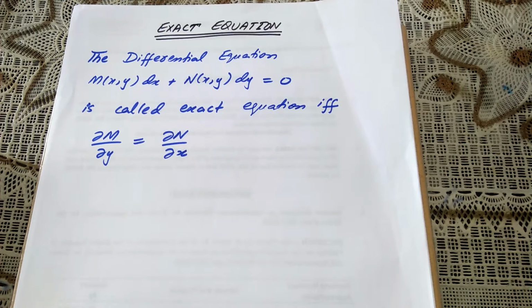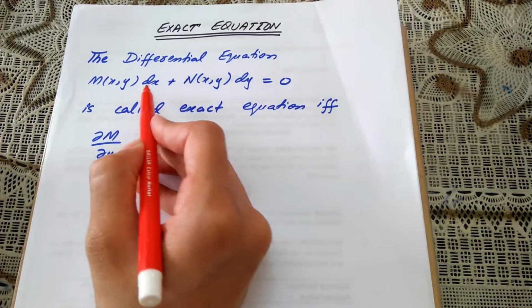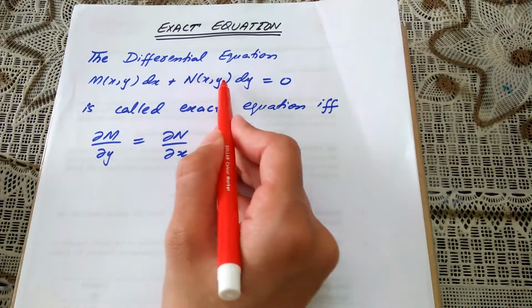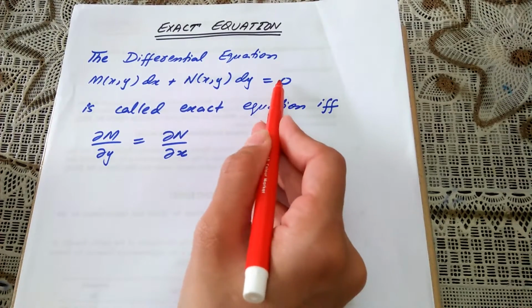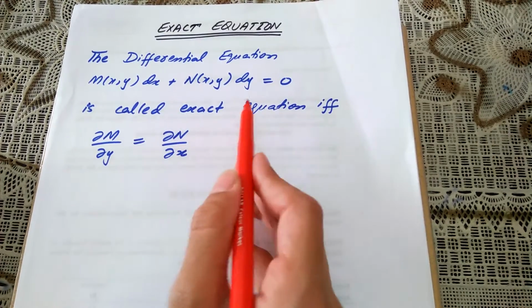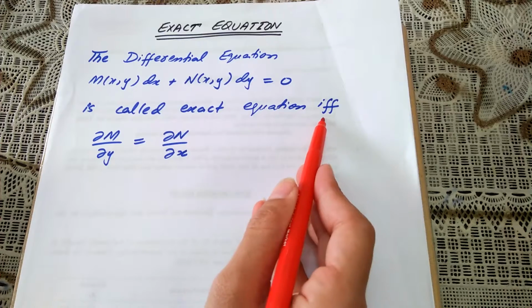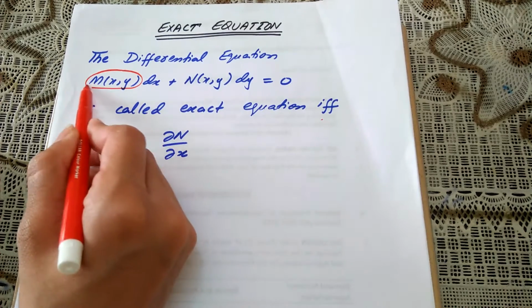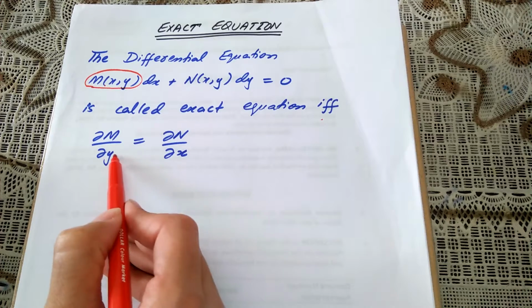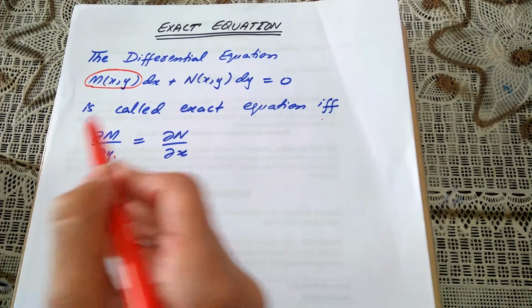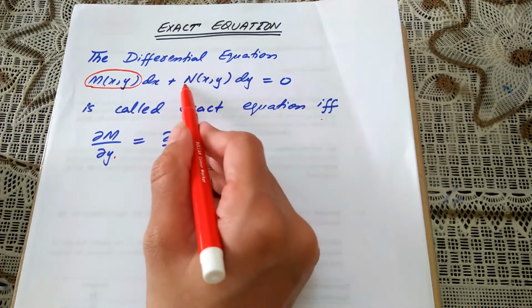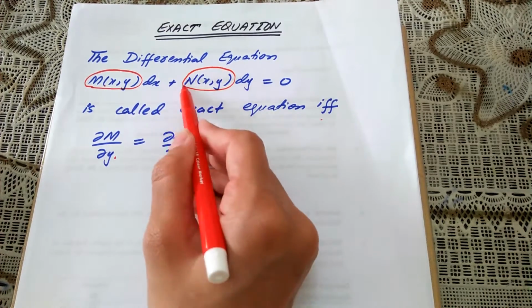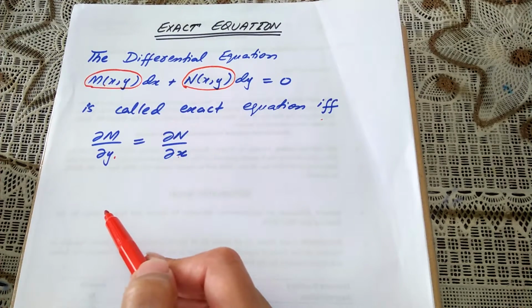The definition of the exact equation is, if you are given a differential equation M(x,y) dx plus N(x,y) dy equals 0, it is called an exact equation if and only if the partial derivative of M with respect to y equals the partial derivative of N with respect to x.